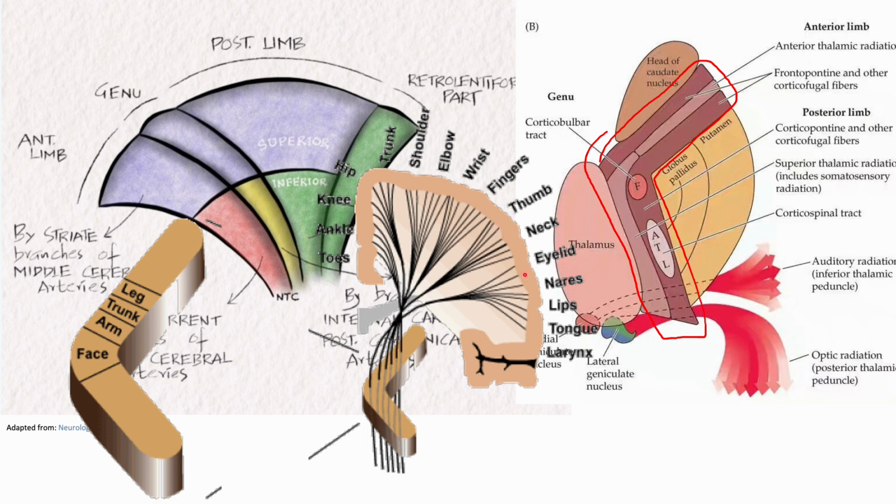And the origin of fibers here in the pyramidal neurons themselves, the pyramidal cells, are supplied by the MCA cortical branches.